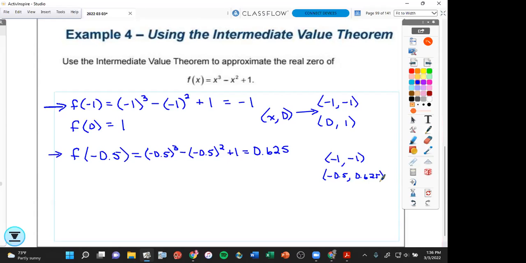So do we have a sign change here on the y values? Yes. So now instead of saying there's at least one 0 between -1 and 0, I can now say there's at least one 0 between -1 and -0.5. And we could continue to do this process and get closer and closer to that 0.